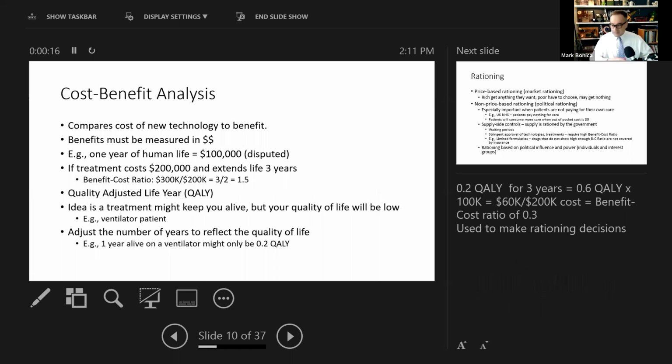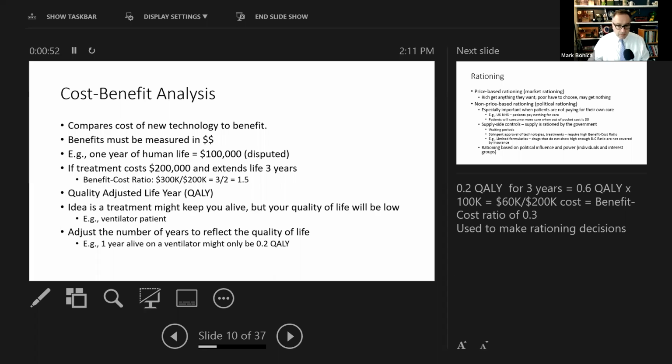All right. So we've done talking about cost benefit analysis. And I want to hit this point one more time. I'm not going to actually ask you to do this calculation. What I want you to know is that governments and insurance companies around the world use this sort of approach to determine if they're going to pay for or reimburse care.